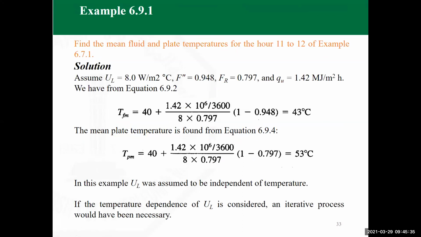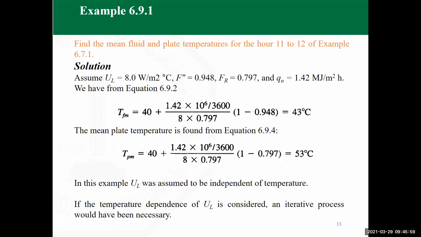An example that we can use for closure here would be: find the mean temperature and plate temperature for the hour 11 to 12 of the previous example. For a value of UL of 8, F double dash is 0.948, FR is 0.797, and Q useful is 1.42 megajoule per meter square hour.